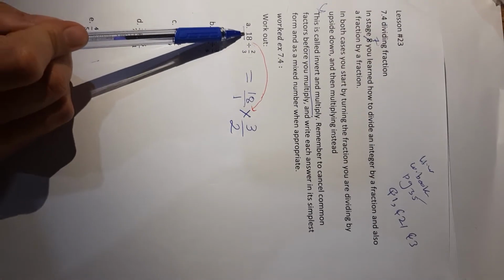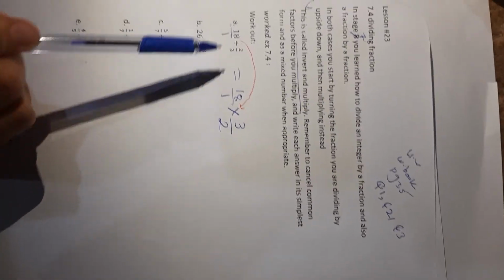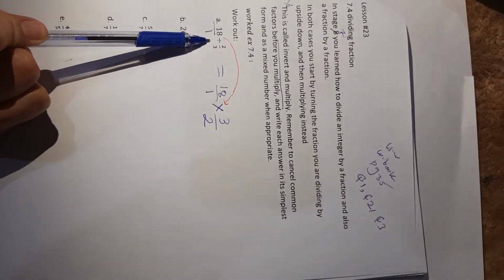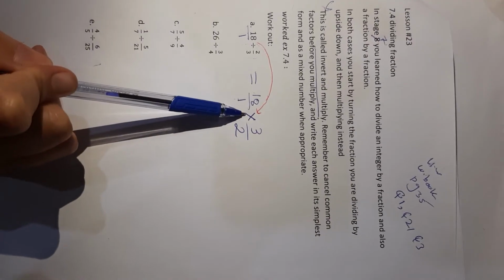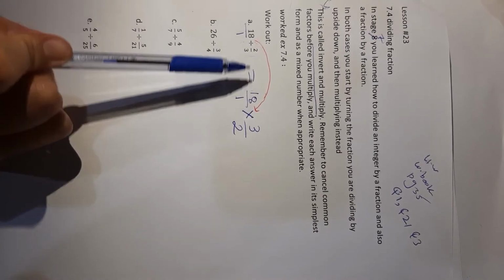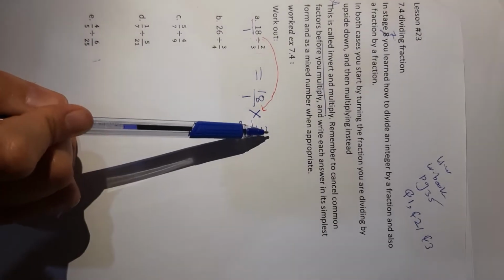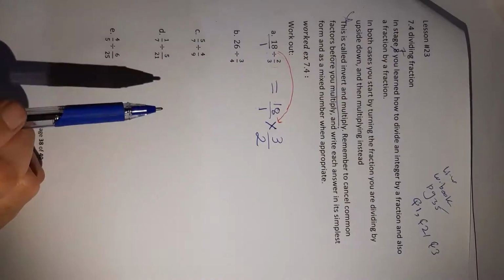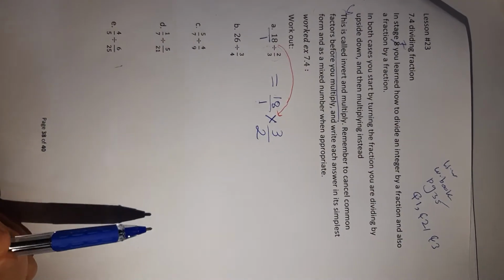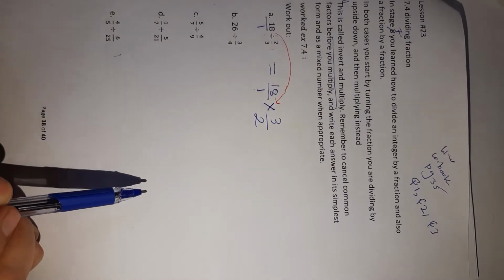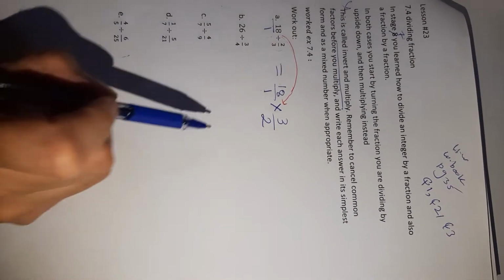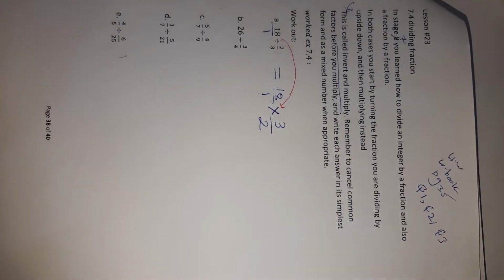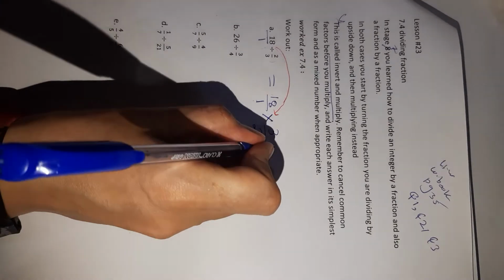Here 18 over 1. The division sign becomes the multiplication sign. 2/3 becomes 3 halves. Now here we have 18 over 1 times 3 halves.